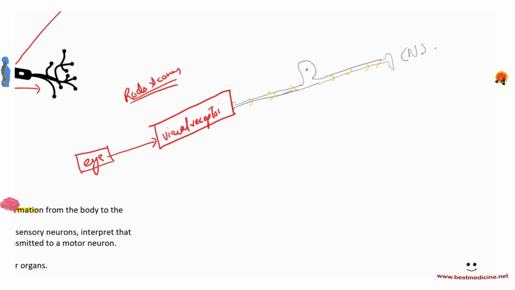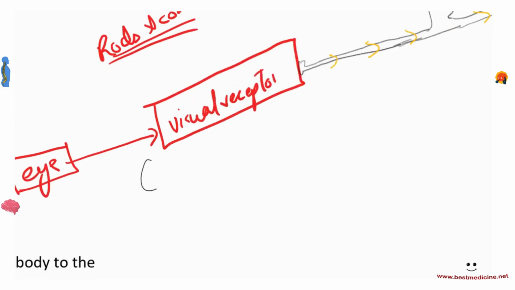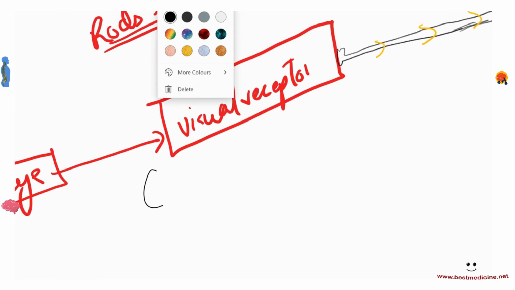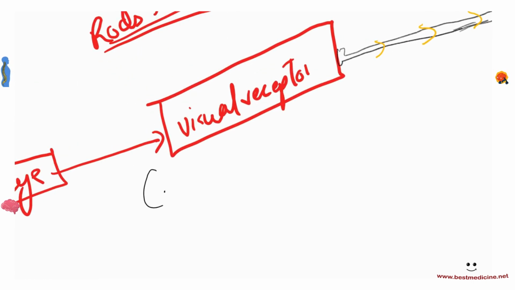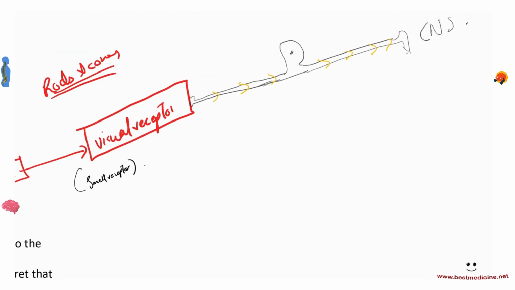Now, instead of the visual receptors, you could also have some other kinds of receptors. For example, can you make any guesses? Like the sensation of smell, right? Smell receptors in the nose, which are attached to sensory neurons, which are carrying that information to the CNS.